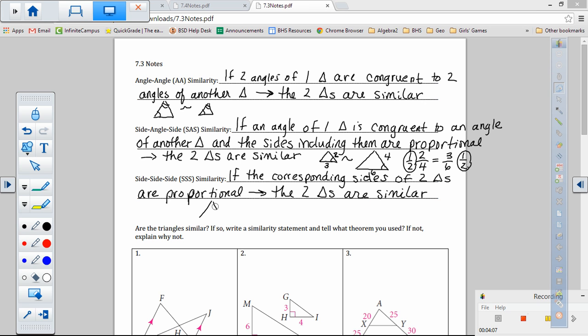Again, side, side, side. Let's say they're giant. Okay, so let's say we made this 1, 2, 3, and we doubled it in size. So we have 2, 4, 6. Every one of these, 1 is to 2, is 1/2. 2 is to 4 reduces to 1/2. 3 is to 6 reduces to 1/2. So they're all proportional by side, side, side. Okay?